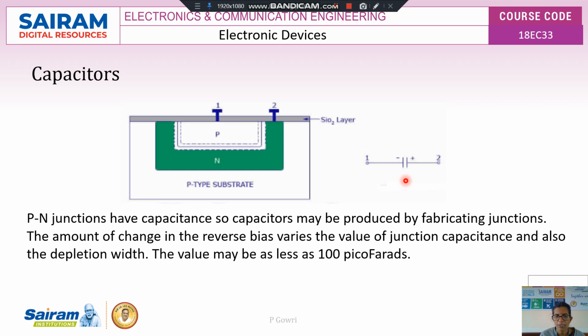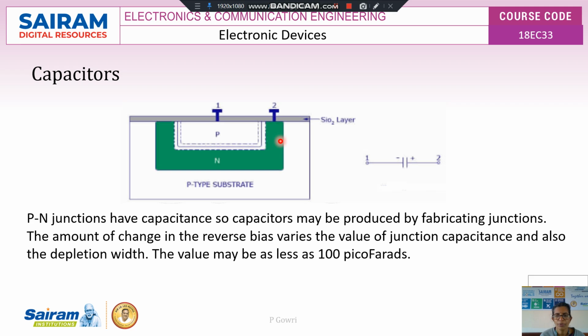Whenever there is a junction, we will have a capacitance because any junction has an insulating layer. For example, if I take a P and an N, when I have a junction, I will have an in-between barrier region, or insulating layer, with the P region acting as one conducting part and the N region as another.